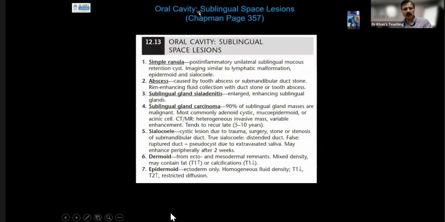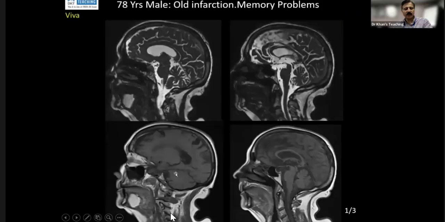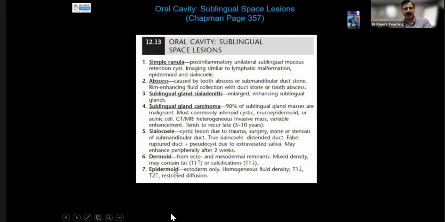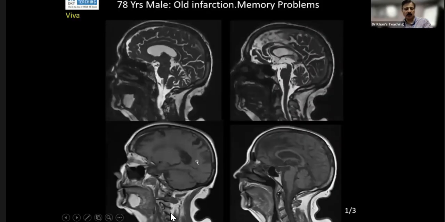If you see here in your book, sublingual space lesions will have dermoids and epidermoids. Similarly, they can be in the tongue also. Beware of this kind of case. I'm showing you a brain MR actually, and on sagittal sequences you can see a dermoid sitting here. You see this thing? Yes, sir.